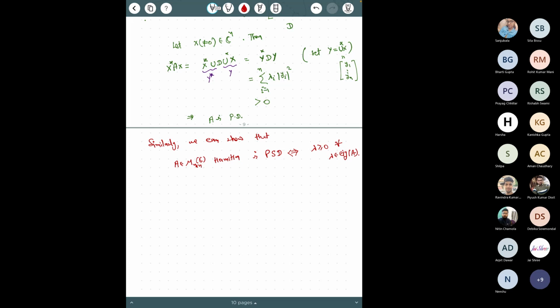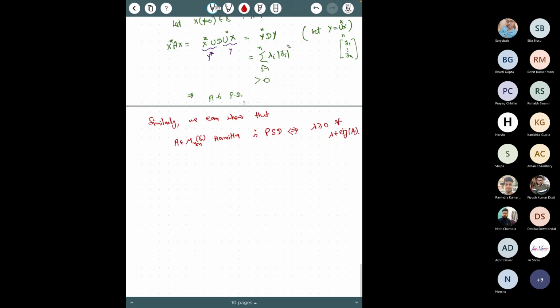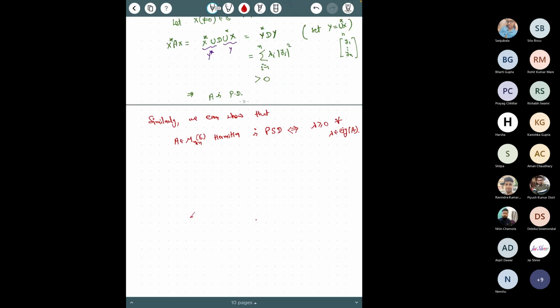This is just for your knowledge. You can think of this result as the kth root of a matrix, the kth root of a positive definite matrix.